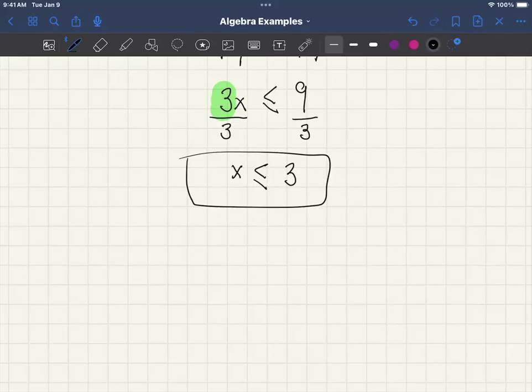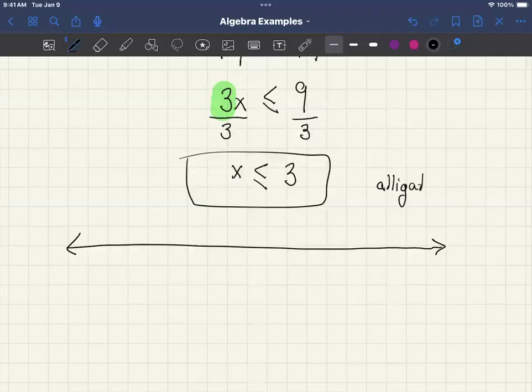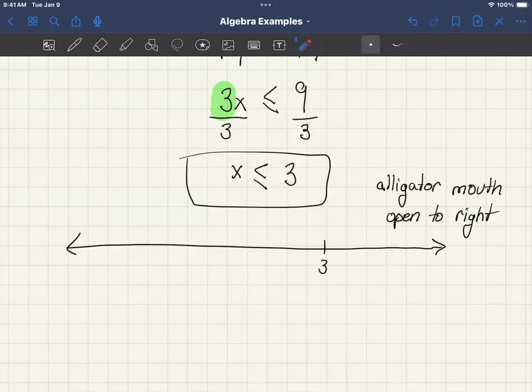I'm going to go through an extra little step, which you don't have to, but I like it because I really like visuals. Now, when I write out my notation like this, I always like the alligator mouth opening to the right. You don't have to do it this way, but if you have your alligator mouths always opening to the right, and if you're not sure what I mean, I always think this looks like a little alligator mouth.